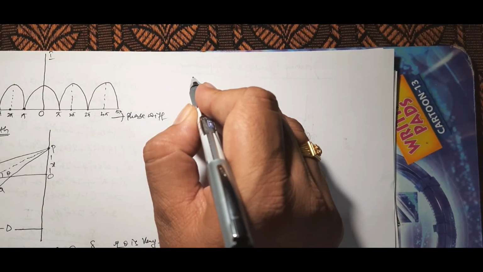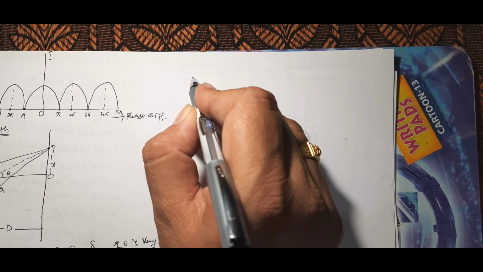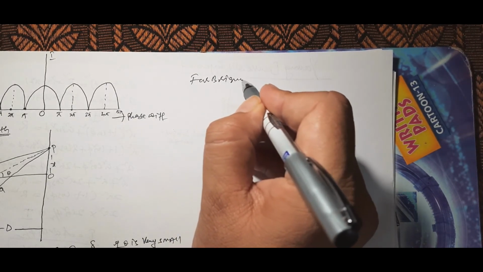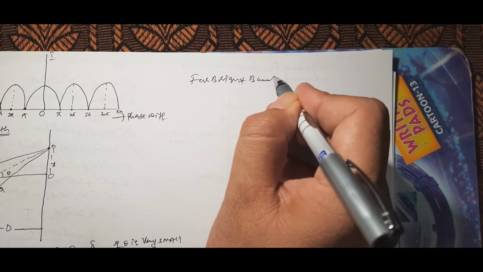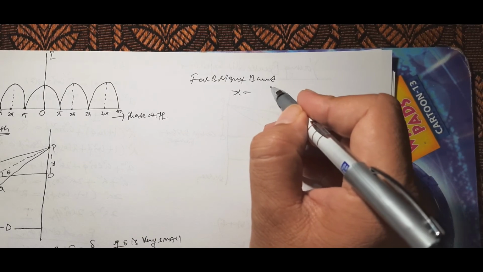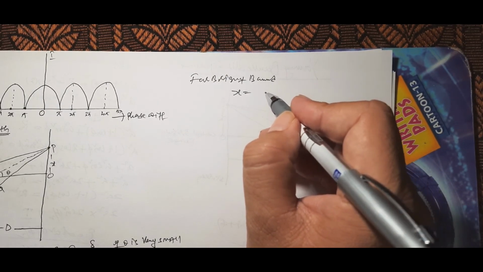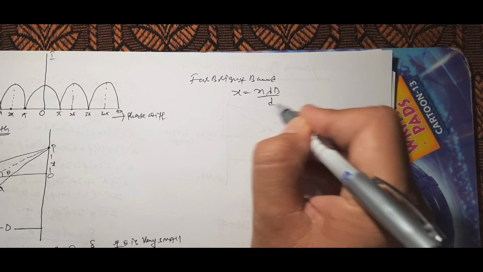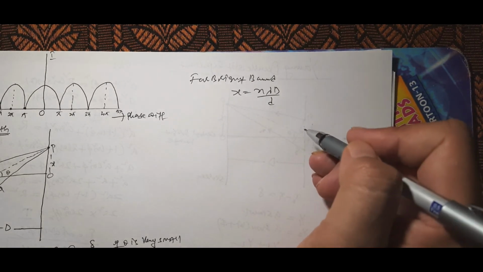Now we are going to write for the bright band. For bright bands, x is equal to n lambda D by d, since the path difference for bright bands is n lambda.